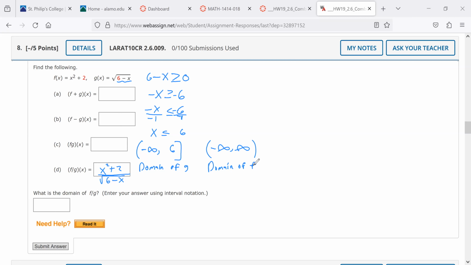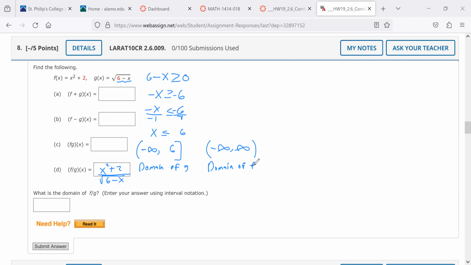Okay, so it's from the top. To find the domain of A through D, you have to find out where the domain of F and G overlap, which is just going to end up being negative infinity to 6, right? D means you need to make sure that G is never 0.